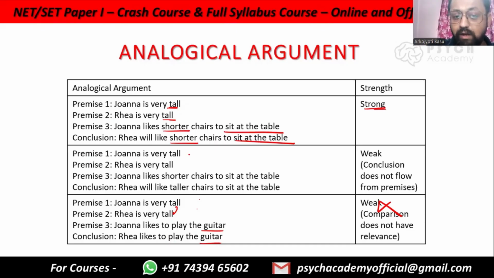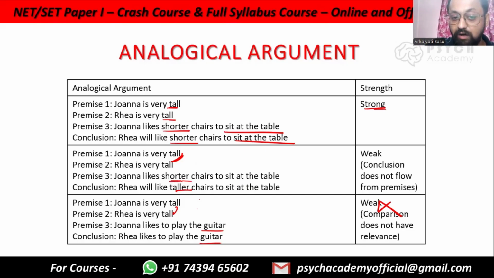Premise again, Joanna is very tall, Ria is very tall. Joanna likes shorter chairs to sit at the table. Ria will like taller chairs to sit at the table. Even though there is a good enough comparison, and the comparison that is tall is after all relevant and related to height of chair to sit on, you have used the comparison in an improper way.